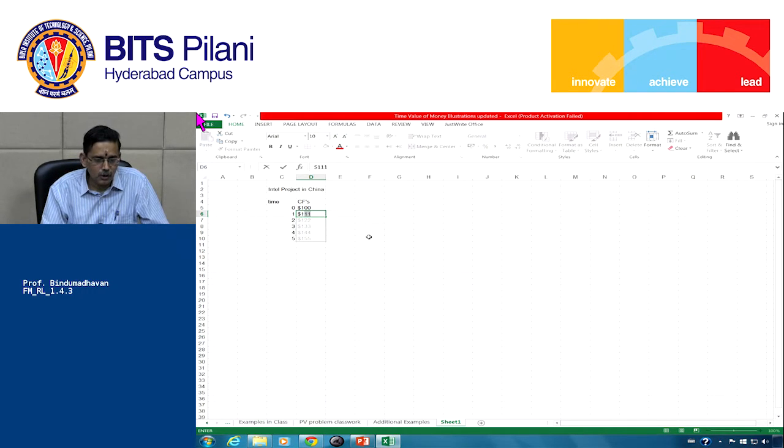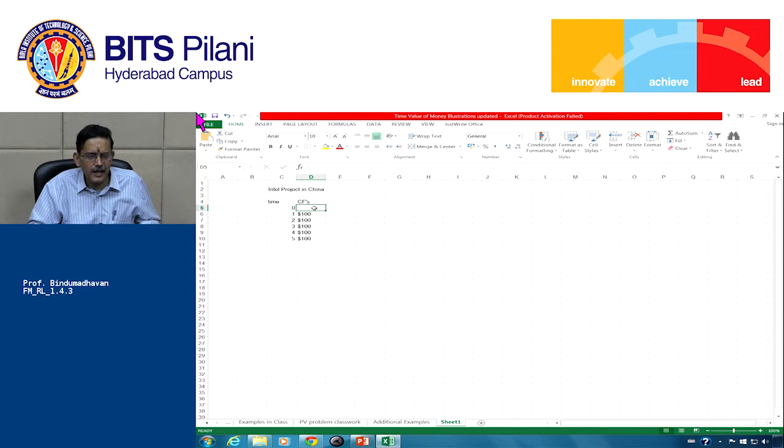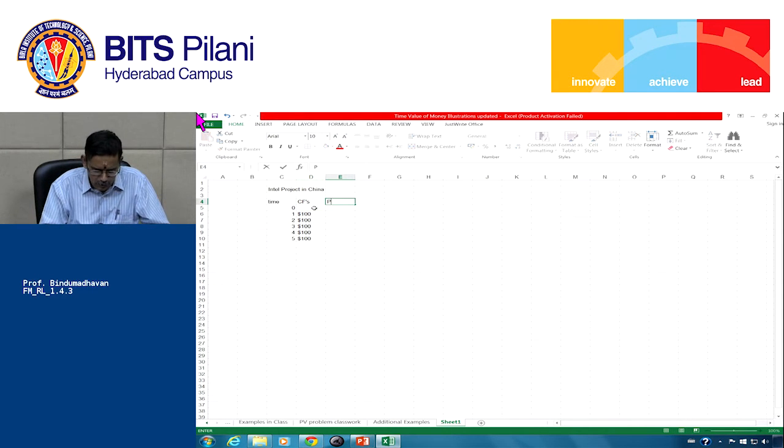Not in time 0, but from the end of the first year onwards, it will generate $100. So it is going to generate a total of $500, but we can't add them. We have to find the present value of the cash flows.